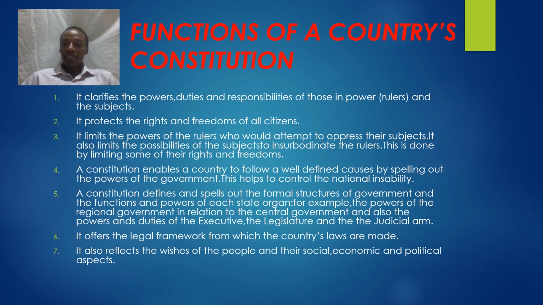For example, it is stated that the government should have three arms of government. It acknowledges that legitimate governments have three arms: the legislature, the lawmaking body, the executive that implements the policies passed by the legislature, and finally the judiciary, which interprets the law.